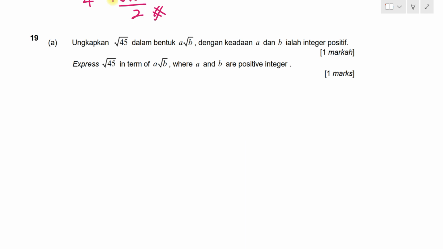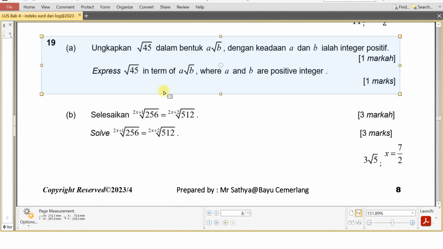No problem with that. But in case you want to give working, try pressing the calculator first, it will give the answer surd 45. So you try to square the 3 first. 9 times 5. Then surd 9 and surd 5. Surd 9 is 3, so 3 surd 5. That is the answer. Okay, next one.